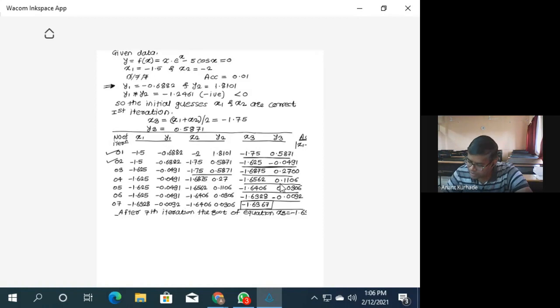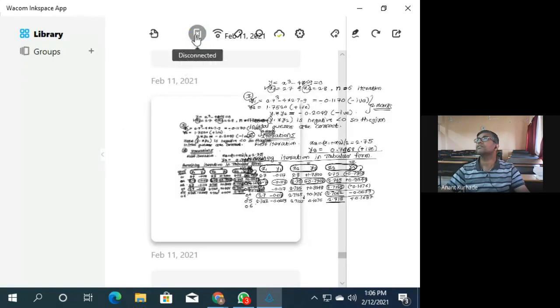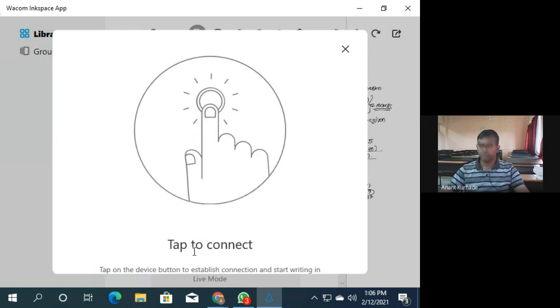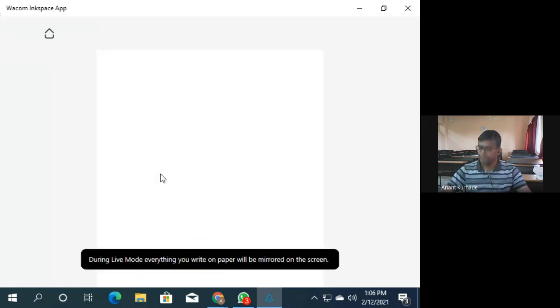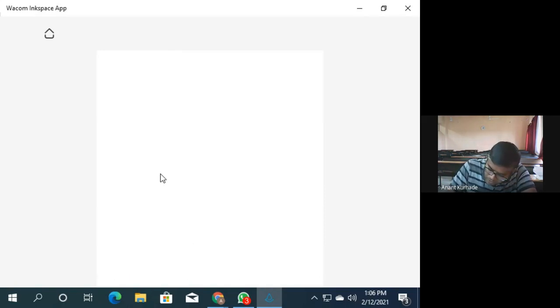I will write it down, I will take the next page. Now it is visible. For the first iteration, I will write here for first, second, third, fourth, fifth.